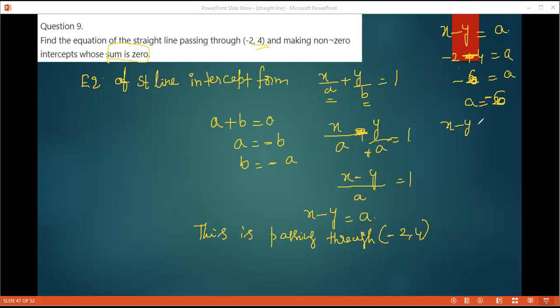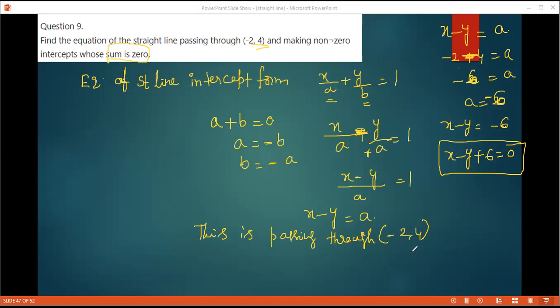X minus y is equal to minus 6, or x minus y plus 6 is equal to 0 is our equation. This is the equation of a line whose intercepts sum is 0, and it is passing through minus 2 comma 4.